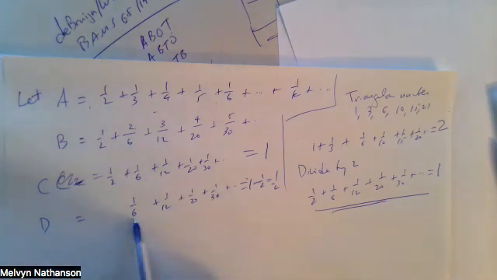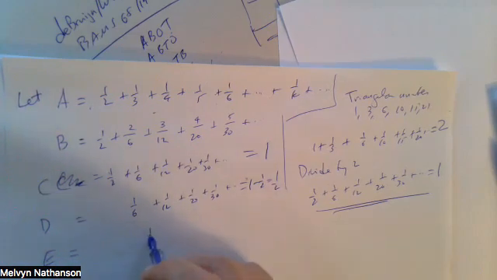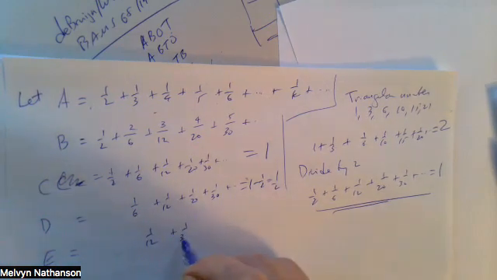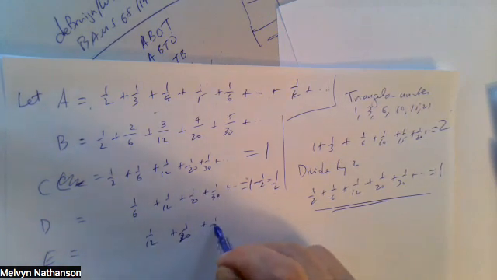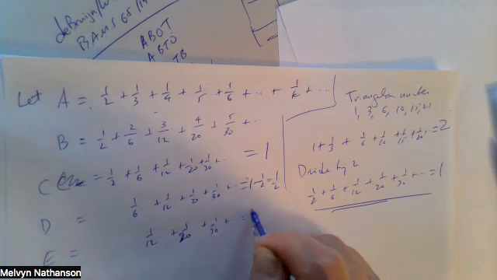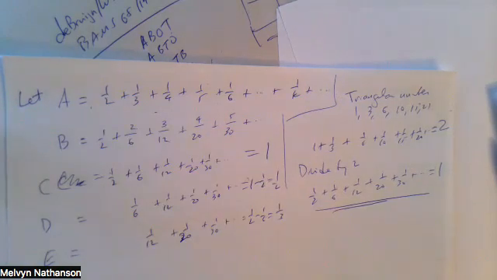And now let me subtract a sixth from both sides of this equation. I get 1/12 plus 1 over 20 plus 1 over 30 and so forth is 1/2 minus a sixth, which is a third.